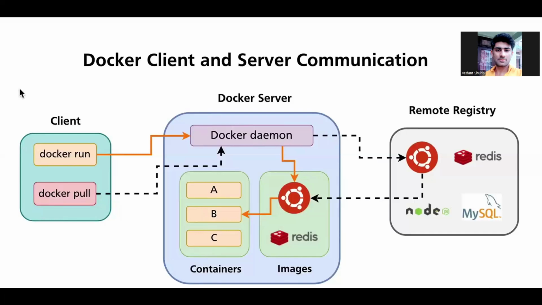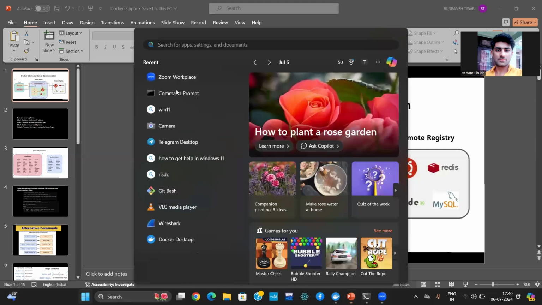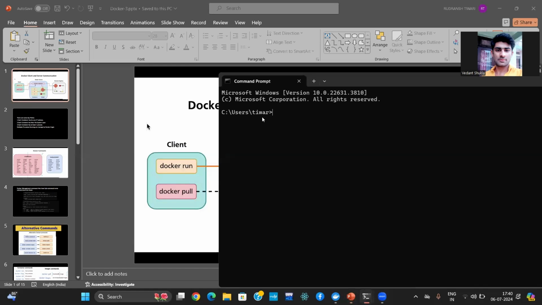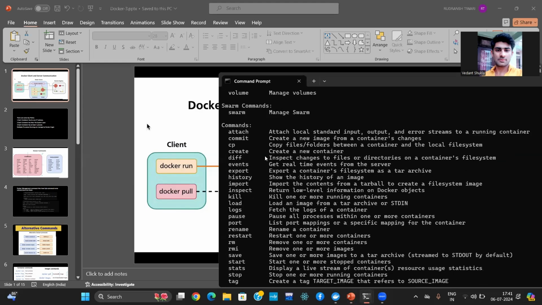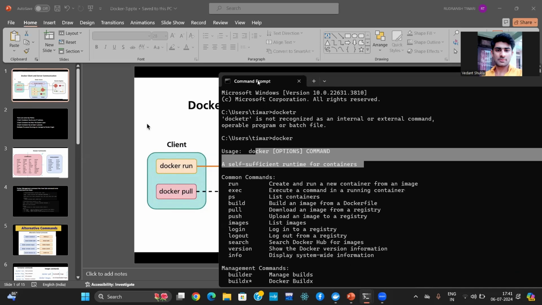When I run a Docker command in it, the client is in active mode and running. Here in the CMD portion, I just write Docker, so the client is active. Here you can see the Docker command options, a self-sufficient runtime for containers. So Docker will be active.